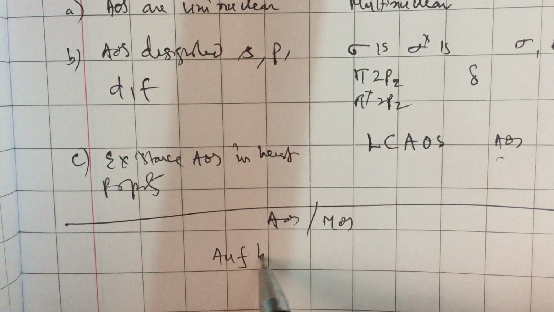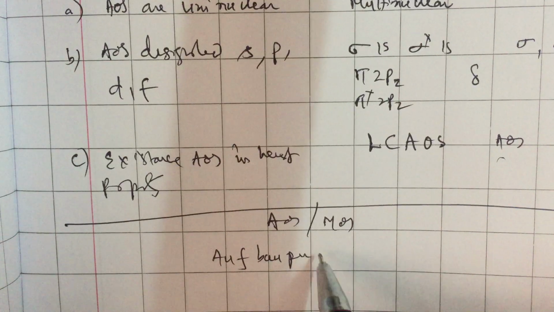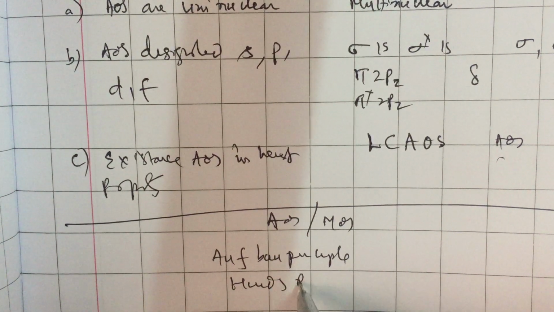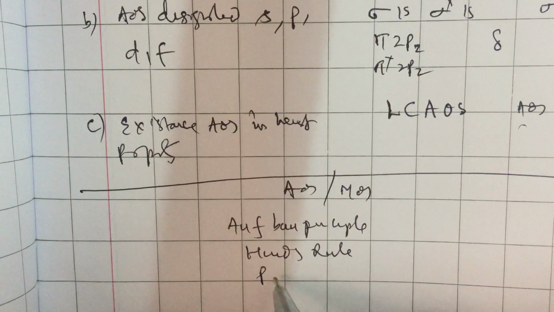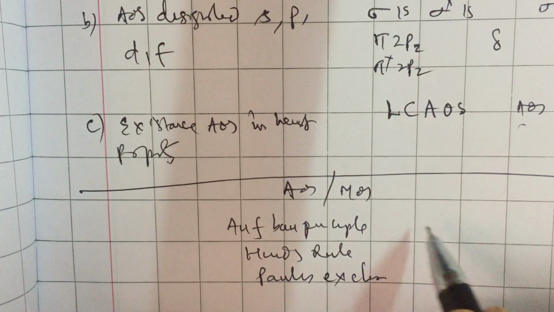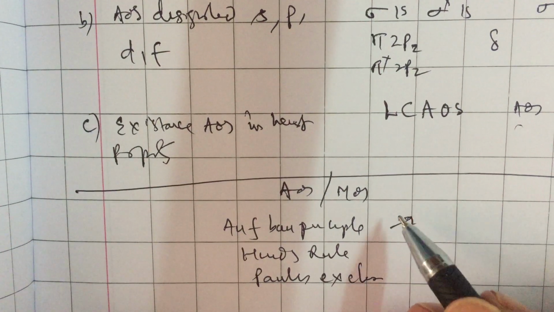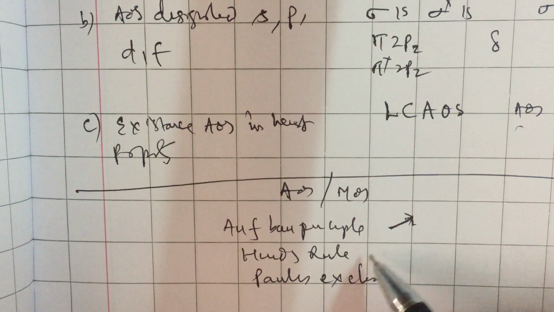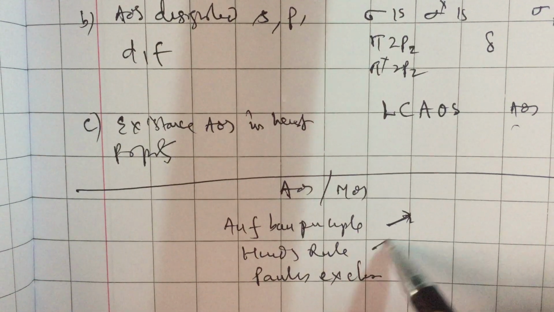follow Aufbau principle, Hund's rule, and Pauli's exclusion principle. It means the electrons in either AOs or MOs are filled in the increasing order of their energy. Low energy orbitals are filled first.